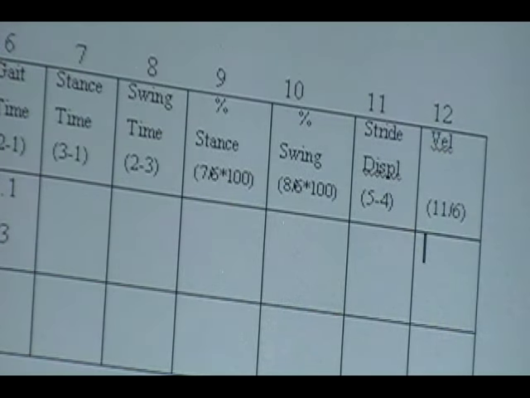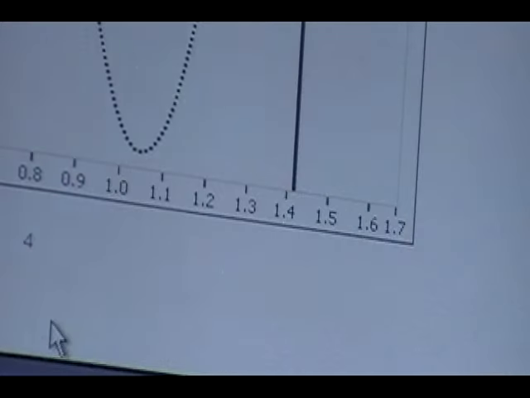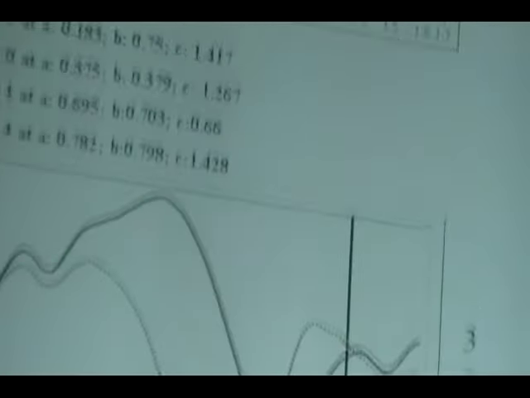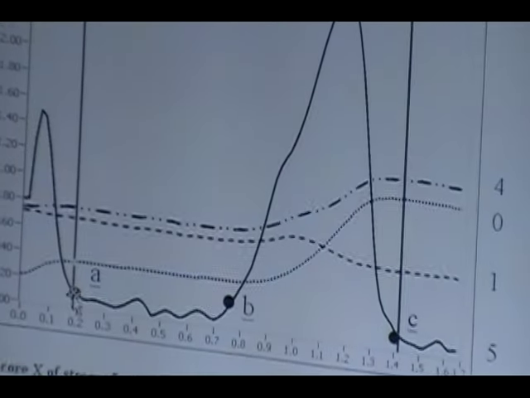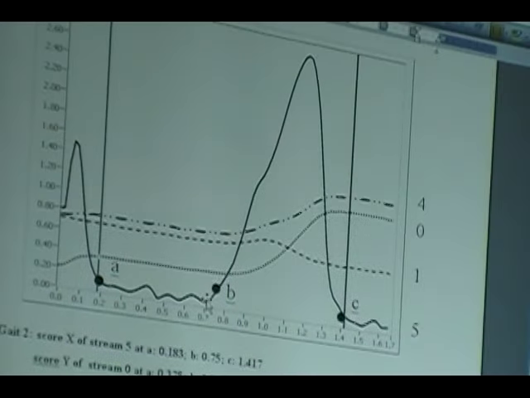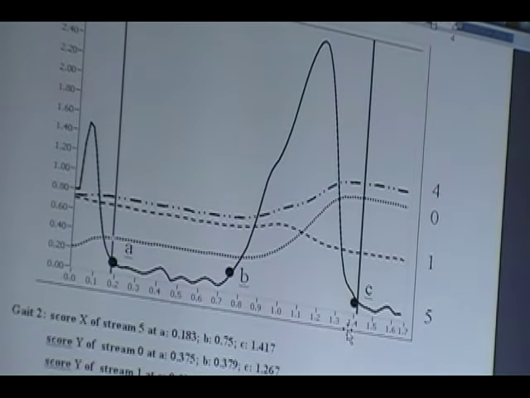Okay. Now, I showed you how to do gait 1. Now it's your job to do gait 2. So how do you know gait onset, offset, swing onset, and all this? You have to look through gait 2, which is shown on page 4. Same thing, A to B, B to C. Again, A to B is stance phase, B to C is swing phase.